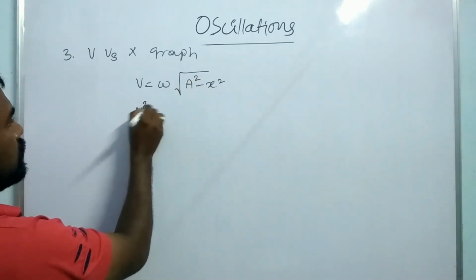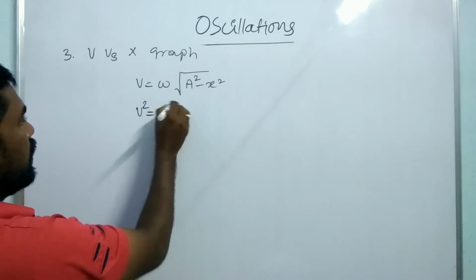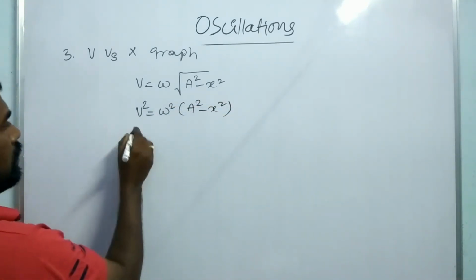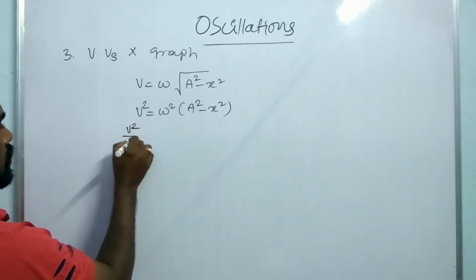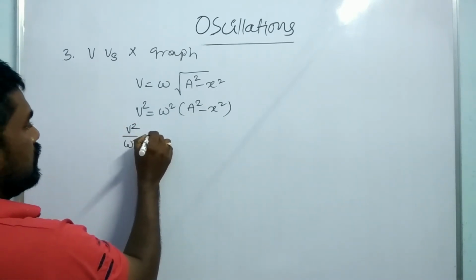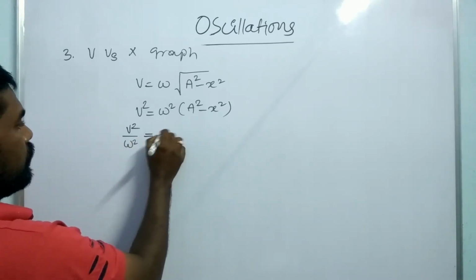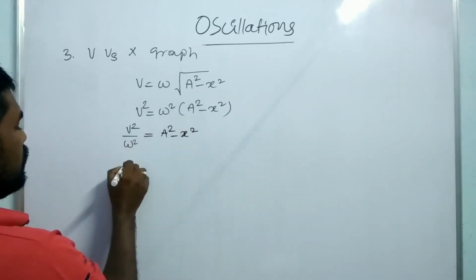Okay. So V square is equal to omega square into (A square minus X square). Here V square by omega square is equal to A square minus X square.